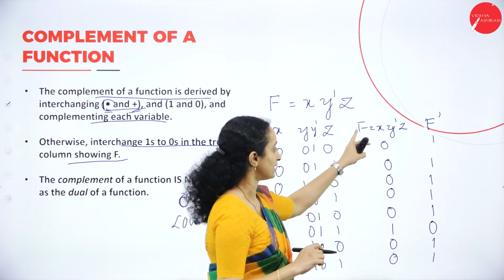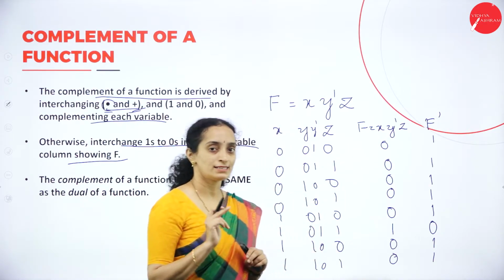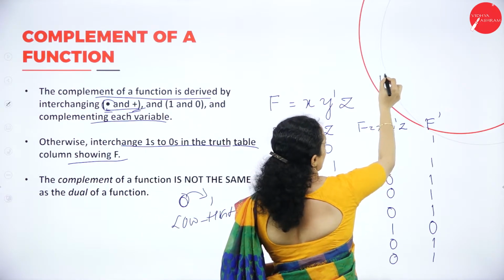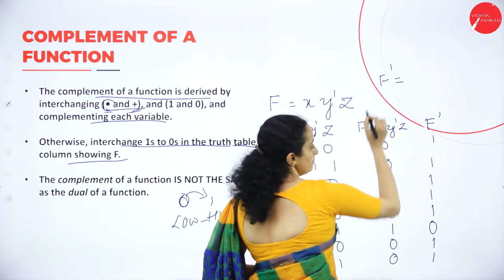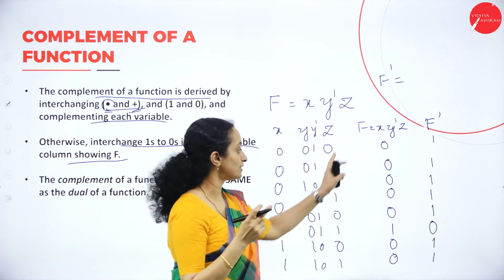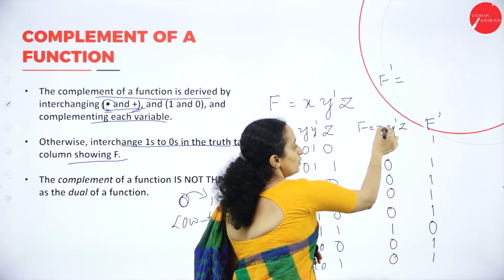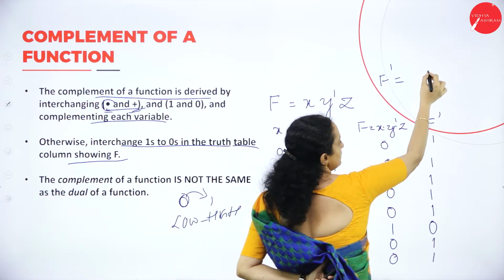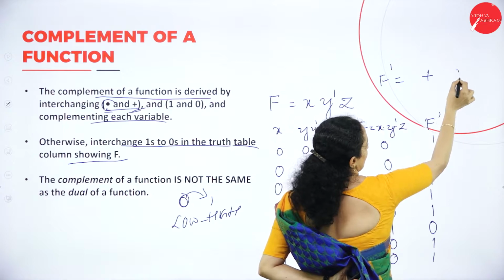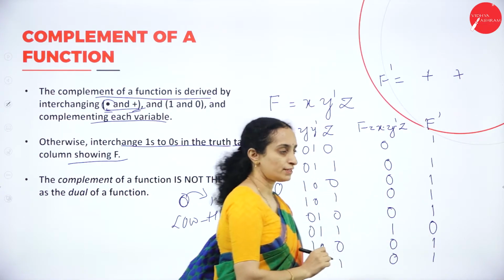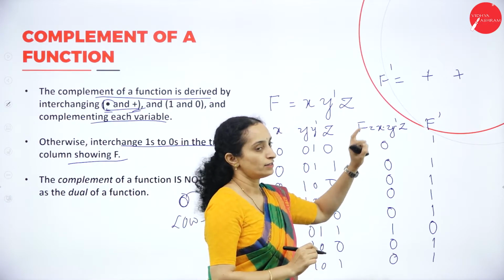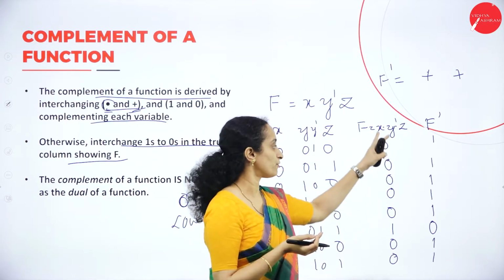Or you interchange. How do you interchange? F equals x, y dash, z. So f dash will be obtained by interchanging the operators. Now, we have dot operators; you have to make them plus. Interchange the dot operator with plus, and complement the variables.